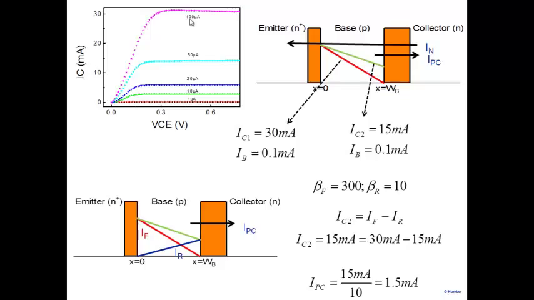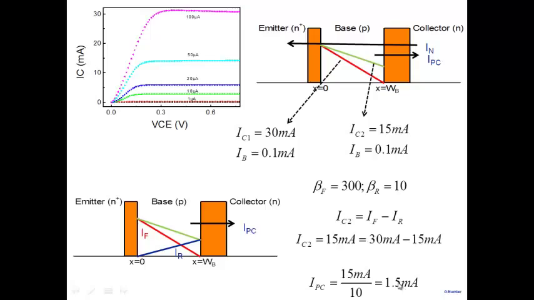Are you seeing that this picture is inconsistent? This cannot be. If you build this picture here and say current has decreased because of this decrease in slope, then what you are saying is this decrease in slope implies that I have a higher electron current here, which is almost 15. And this 15 would imply a hole current injected from the base into the collector of the order of 1.5.